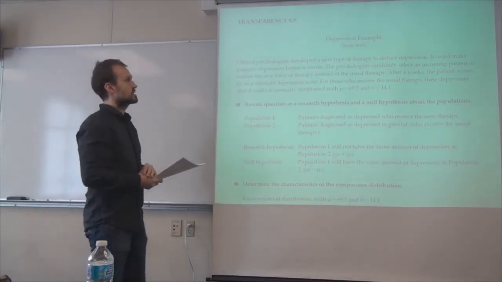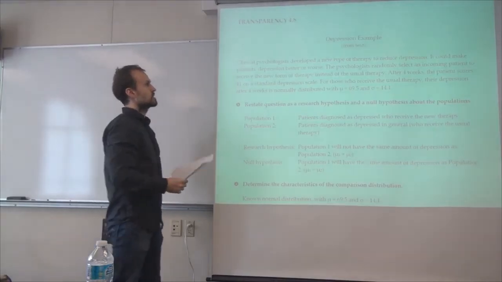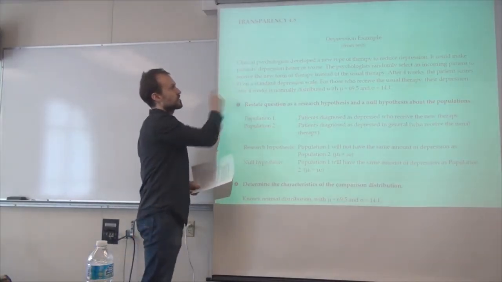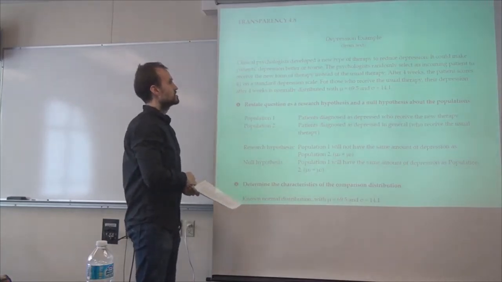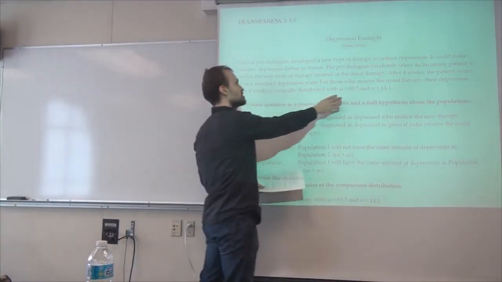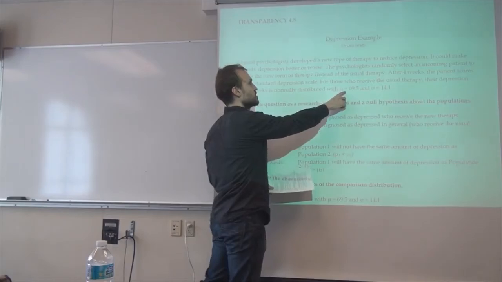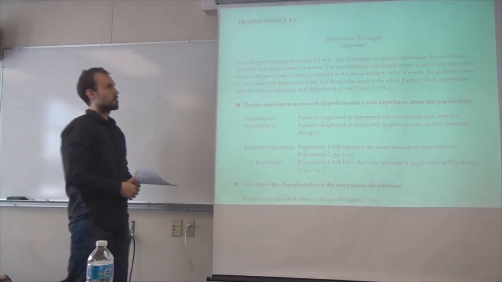And I'm selecting incoming patients for the new therapy, and after 4 weeks the patient scores 41 on the test. And in general, for the usual therapy, the population in general has a normal distribution when it comes to the depression score, with a mean of 69.5 and a standard deviation of 14.1.